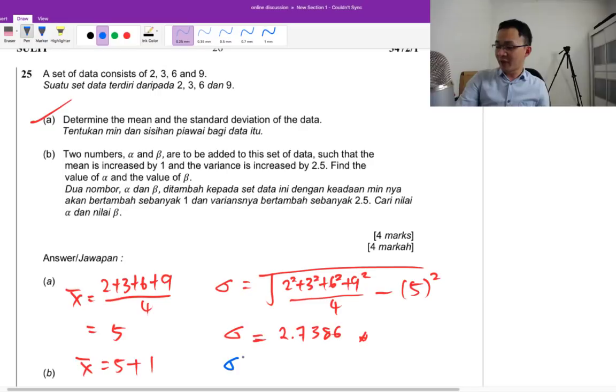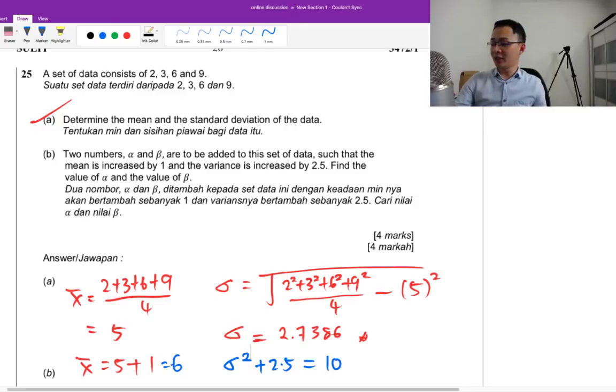The variance is the standard deviation squared, and because it said increase by 2.5, I will add 2.5. I will use the calculator: the answer just now I will square it, and then add 2.5. I will get 10. Okay, it's a very nice number. So now my variance is 10 and my mean is basically 6.